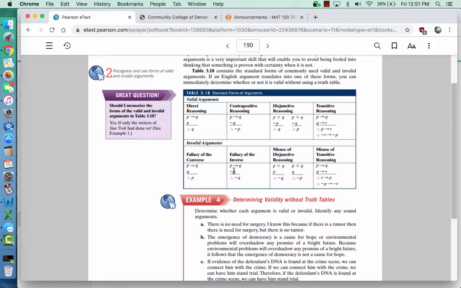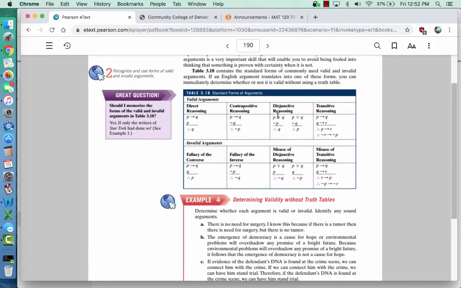Somebody could not live in Denver but live in Fort Collins, and that would nullify this, because this says that they don't live in Colorado. Well, somebody who doesn't live in Denver could live in Fort Collins and also live in Colorado. So these are fallacies.